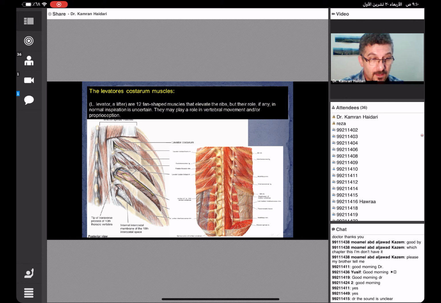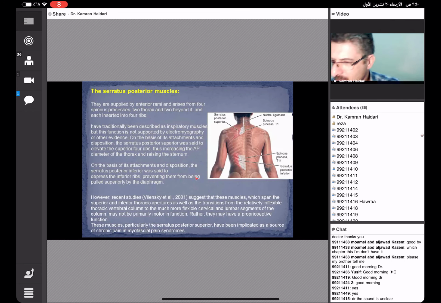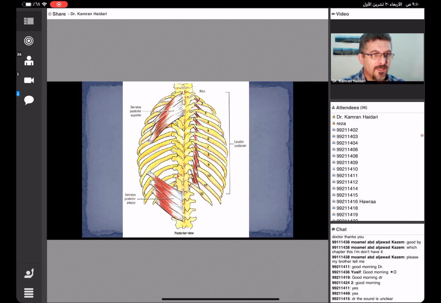The short one arises from the spinous process and attaches to the next rib.